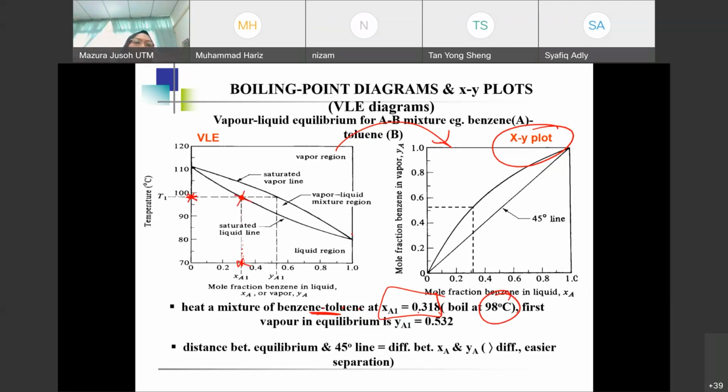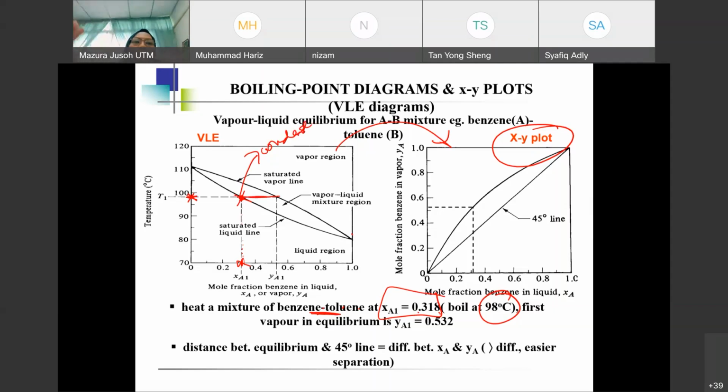Okay, and then this vapor that you get, you will go and condense. Condense the vapor and it will become liquid. So what happened during condensation? The temperature will not change because there is a change of phase from the vapor to liquid, right?